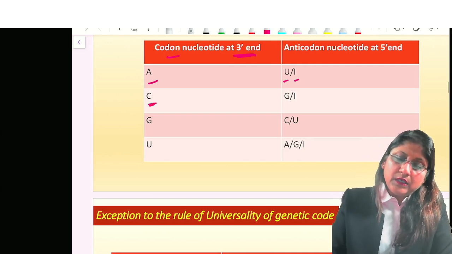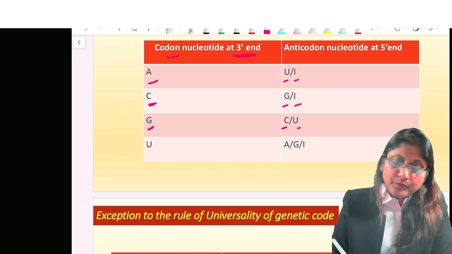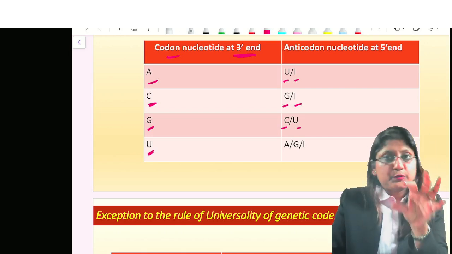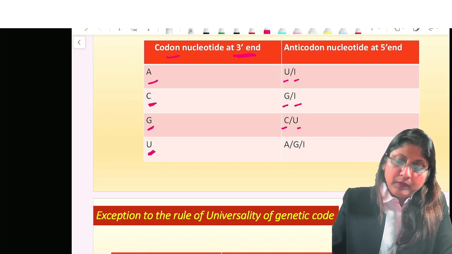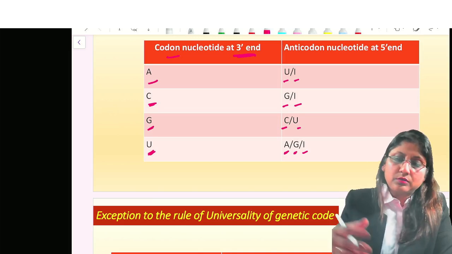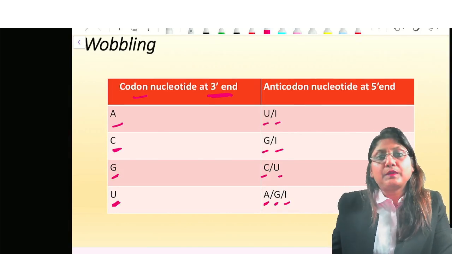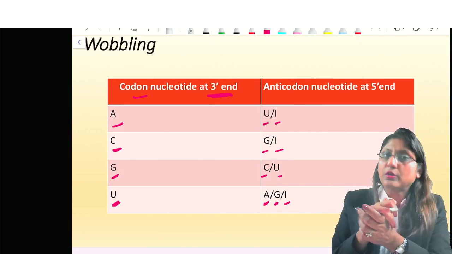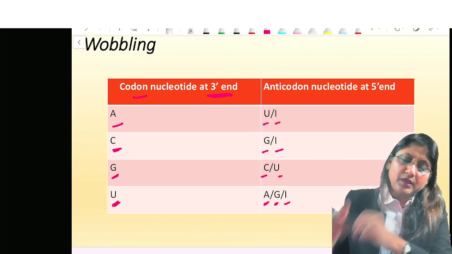If it is C, it may pair with G or I. If it is G, of course, it will pair with C. It may even pair with U. If it is U at the third position of the codon, 3' end, it can pair with A, then G and I also can pair with this. So this is a table which is clearly showing how the wobbling happens. And this wobbling actually is the explanation of the degeneracy phenomenon where multiple codons are going to code for the same amino acid.